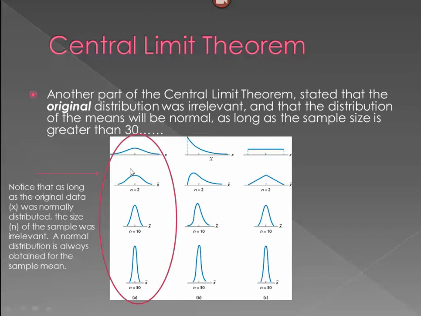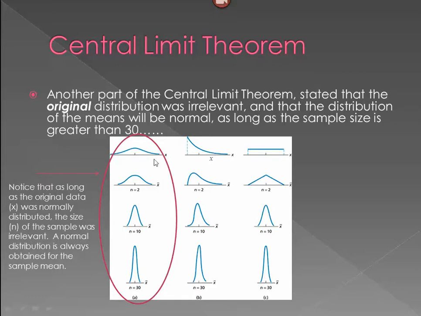Let's just start out with a population that is normal to begin with. If we know that our original data has a normal distribution, you can see that no matter what size my sample is, whether it's 1, 2, 10, or 30, the curve we get from that is also normal.